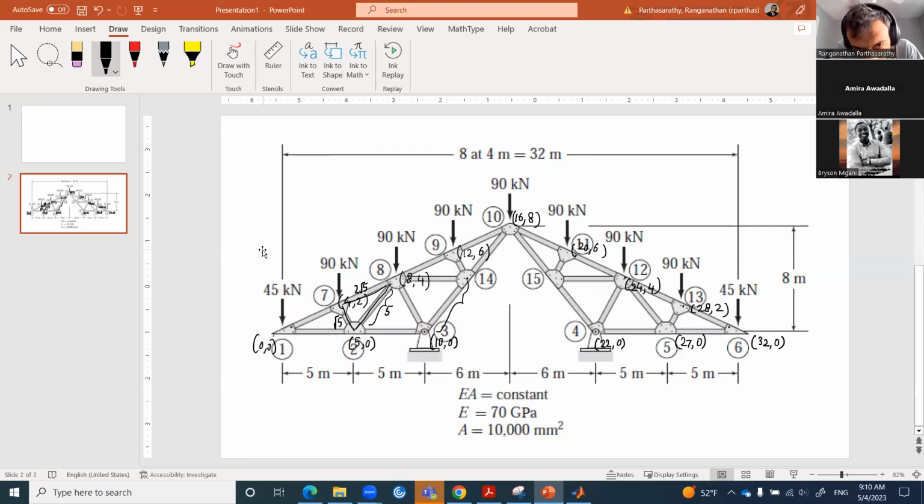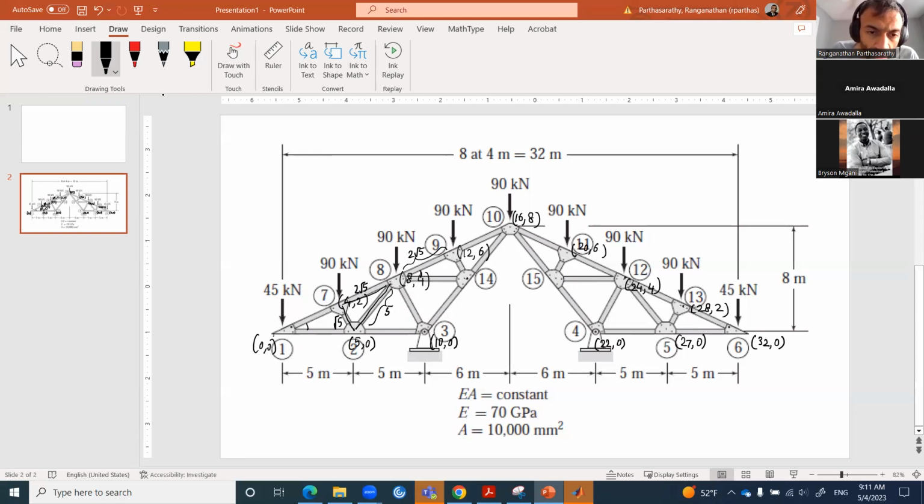So this length is also... not necessary. We can get from angle. Okay. So this length is the same, 2 root 5, and this angle and this angle are same.